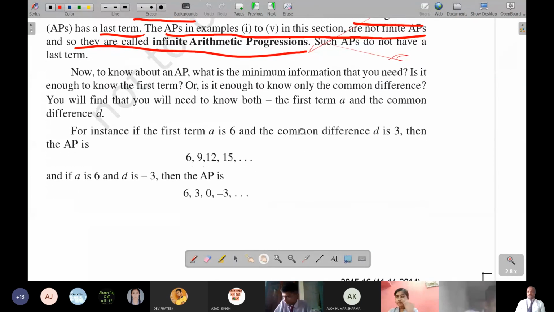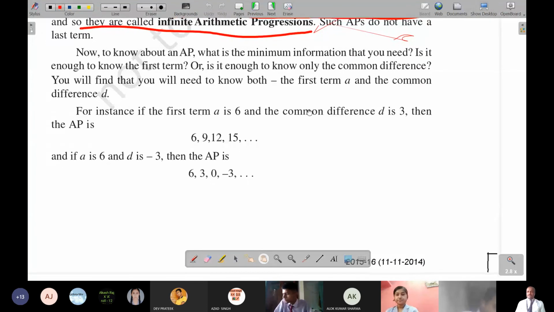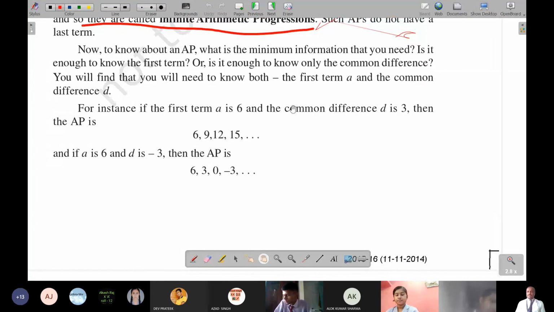Now, to know about an AP, what is the minimum information that you need? Is it enough to know the first term? No. By the first term alone, we can't say whether it is an AP or not. Or is it enough to know only the common difference? No. First term and common difference, both are required.